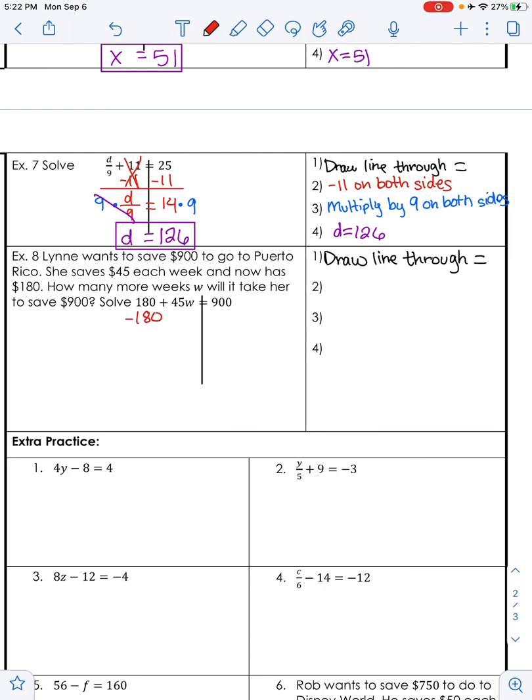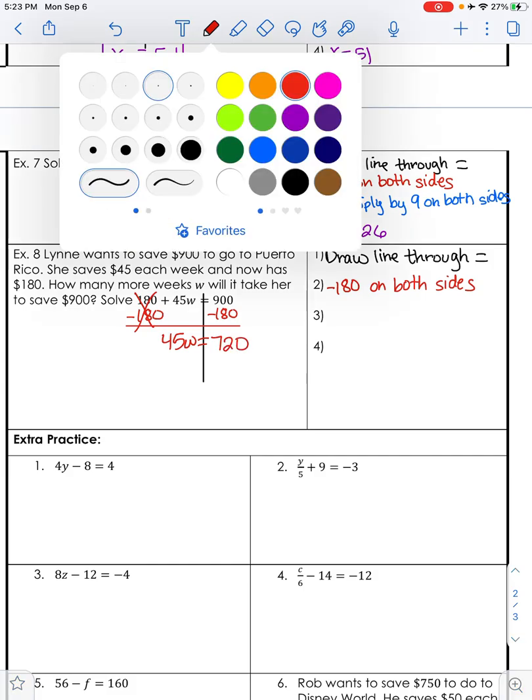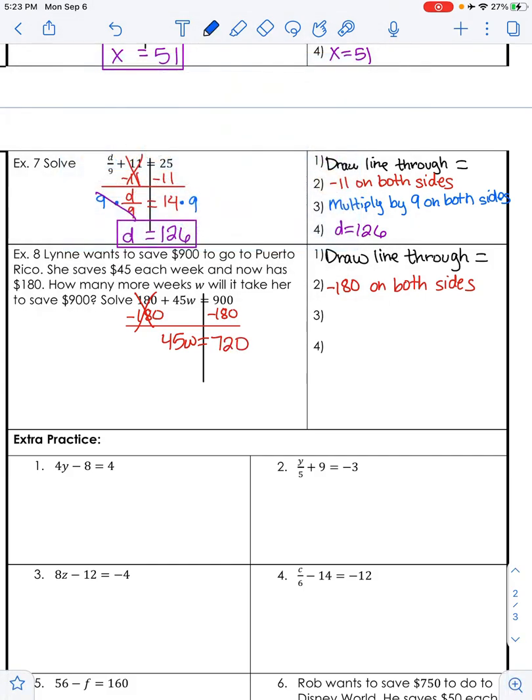The constant is a positive 180, so we're going to subtract 180 from both sides. Okay, so when we do that, those zero out, we're left with 45W equals 900 minus 180, which is 720.